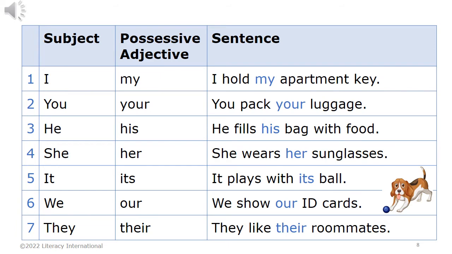She, her. She wears her sunglasses. 5. It, its. It plays with its ball. 6. We, our. We show our ID cards. 7. They, their. They like their roommates.